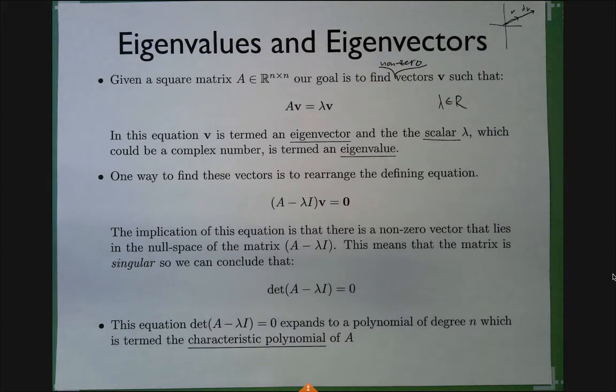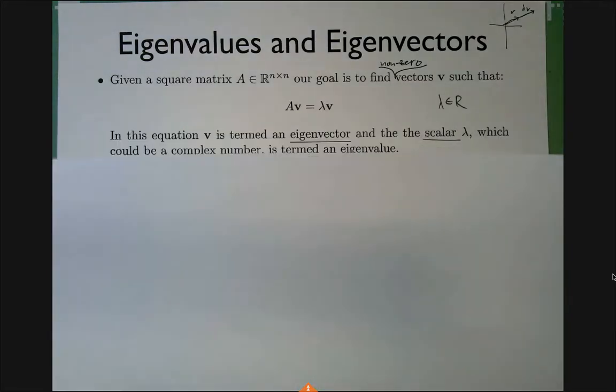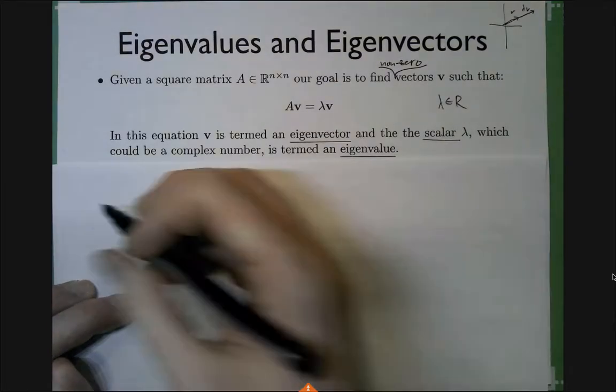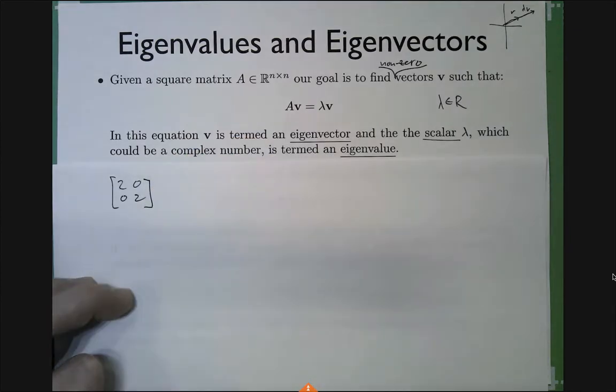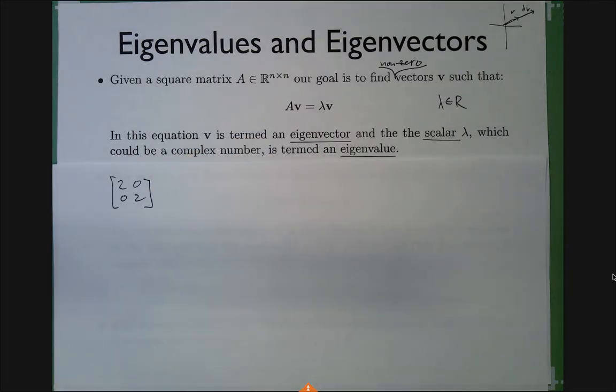Okay? Let's do a few basic examples. If I give you a 2x2 matrix like this, it's very easy to come up with an example of an eigenvector. Give me an example eigenvector for this matrix. Hint: any vector you can think about will be an eigenvector in this case.